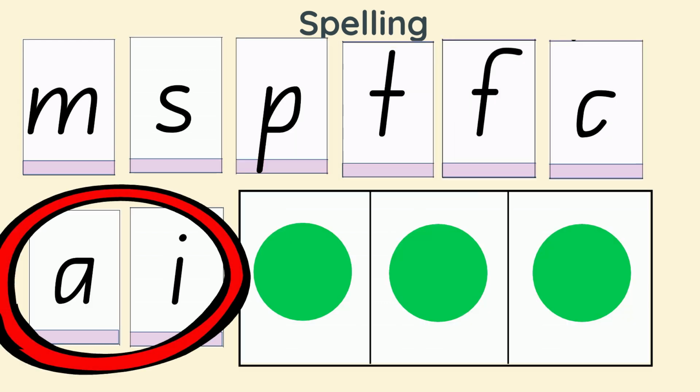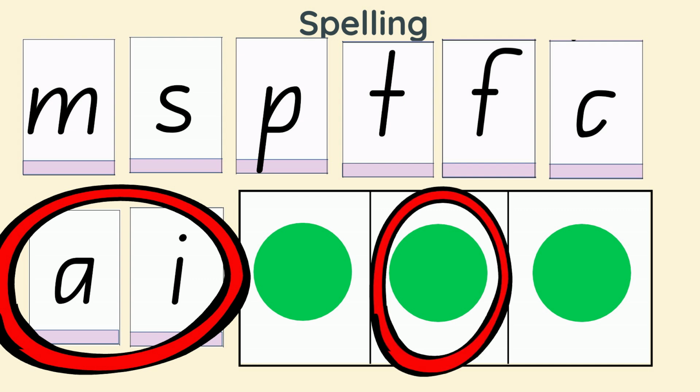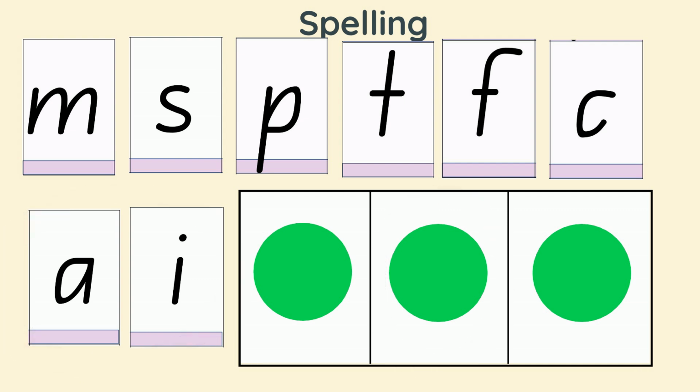Now we will spell three-letter words, so our vowel letters will be in the center for all of these words. Our first word is sit, so we need to stretch it out. S, I, T. S is our first sound. Which letter represents S?